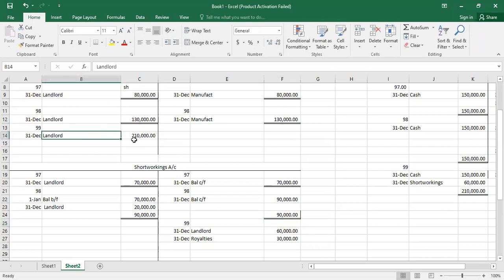My royalties account is indicating 210. And this is where I'm asking, am I going to close it at 210, or am I going to credit the 30? Let's think. This book is being affected by our manufacturing, isn't it?